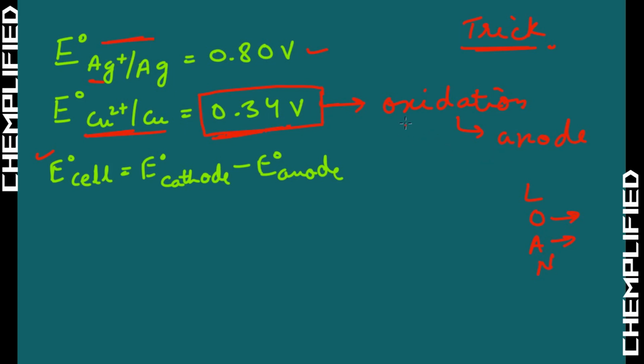So since copper is undergoing oxidation at the anode, and in your formula the anode is right here, you will write the value of copper at the place of anode. You will write minus 0.34. Now in place of cathode you will write the value of silver. You will write 0.80. Just solve it and you will get the answer.